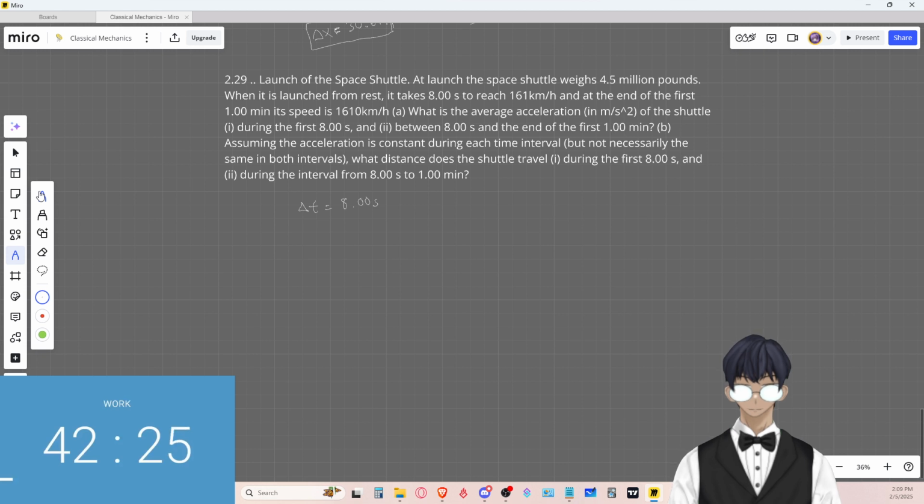Okay, we have two time intervals we have to worry about. Let's call them time interval 1 and time interval 2. One minute is technically 60 seconds, so we don't have to do a conversion factor with that. Let's write this out so we don't get confused.